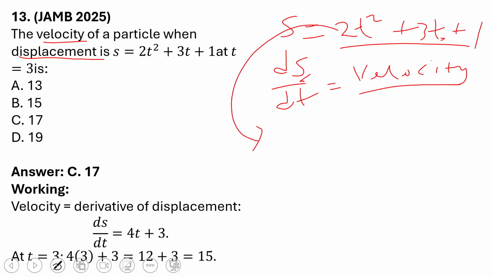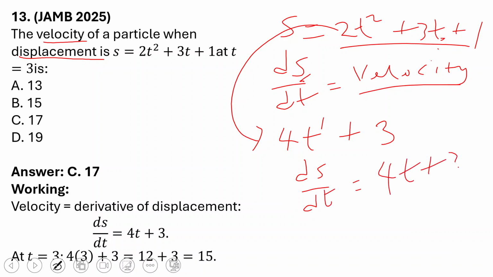Let's go. 2 times 2 is 4. That is power 2 times coefficient 2 is 4, then t. At the same time, 2 minus 1 is 1. That's t raised to power 1. Then plus 3t. We differentiate 3t, we get just 3. So the differential ds/dt, which is velocity, is 4t plus 3.